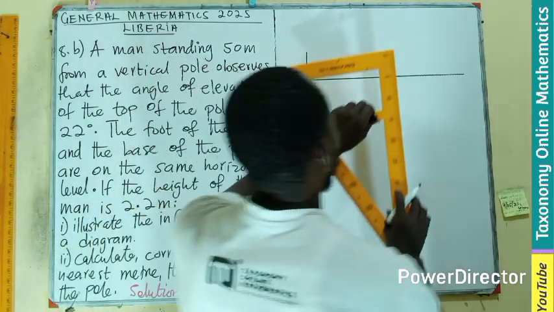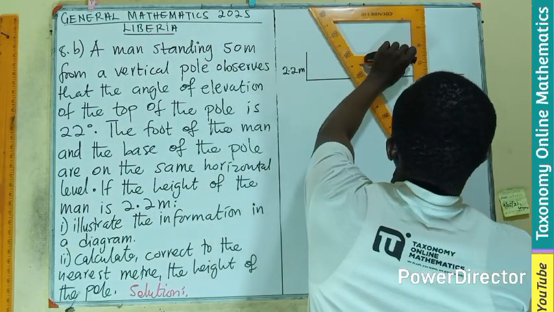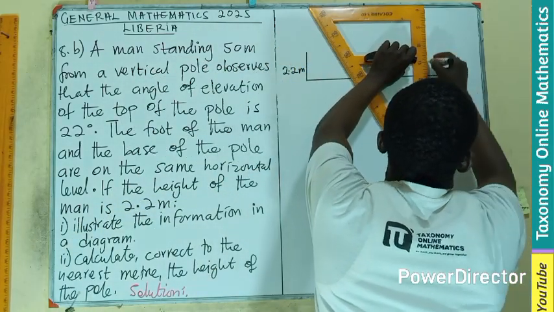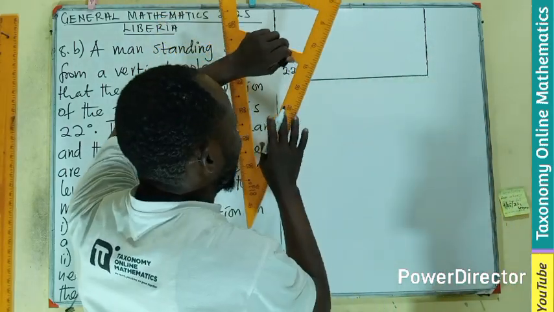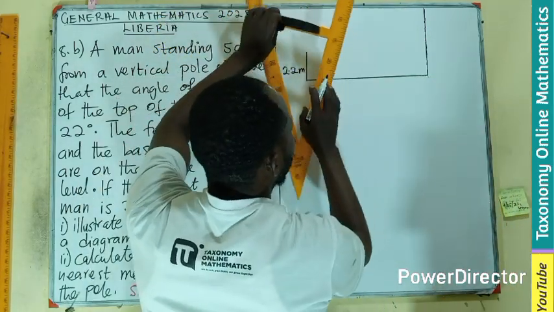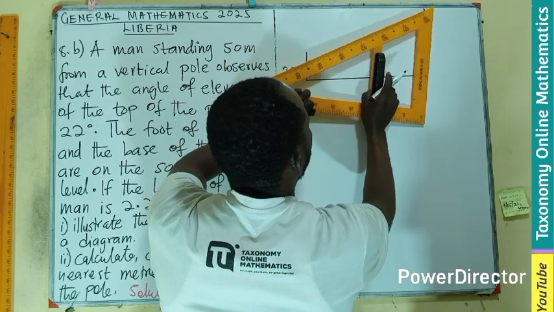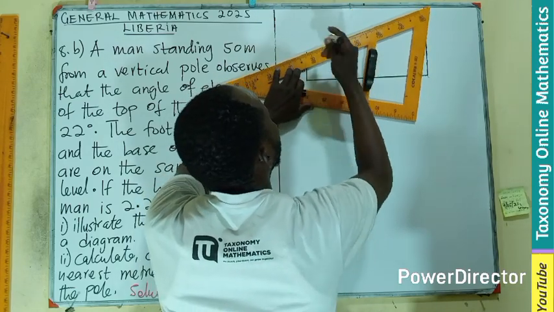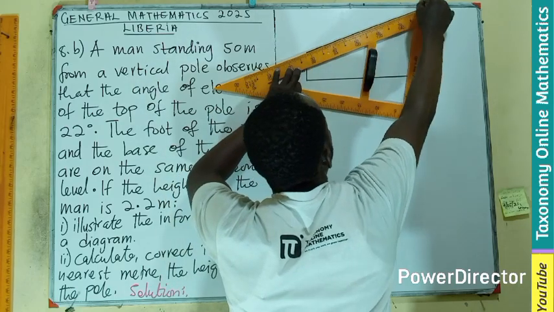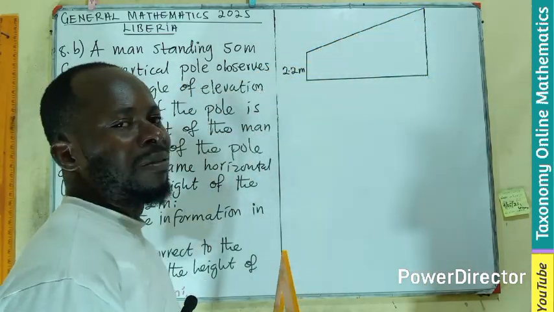Then let's see, we are seeing a pole somewhere here, all on the same ground. Then he decided to observe the top of the pole from where the man is. All these not drawn to scale. So this is what we are having.